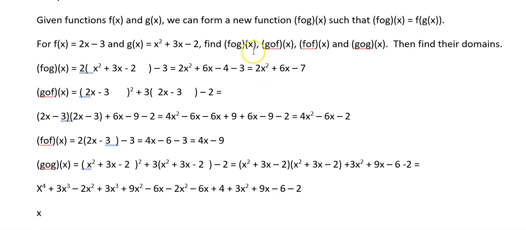Okay, so adding like terms, we still have an x to the 4th. 3x cubed and 3x cubed are like terms, so that's going to give us 6x cubed. And then let's add our x squares. We have a negative 2x squared and a 9x squared is 7x squared. Minus 2x squared is 5x squared. Plus the 3x squared is 8x squared.